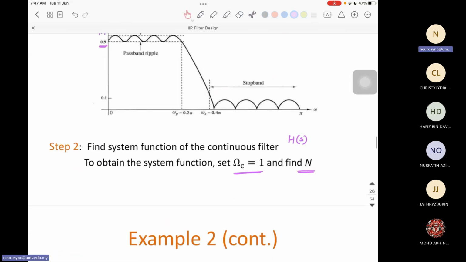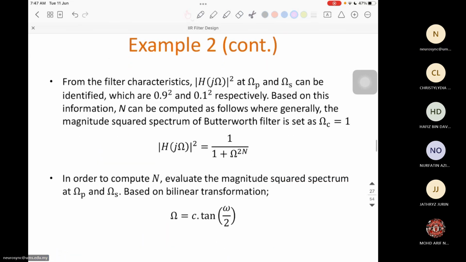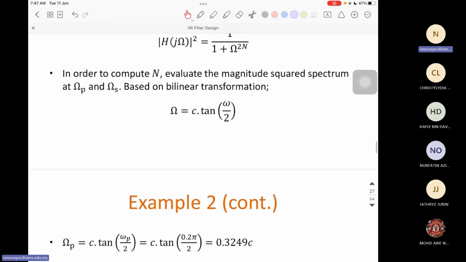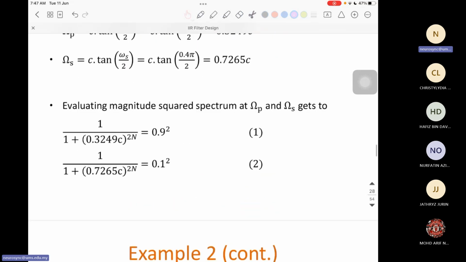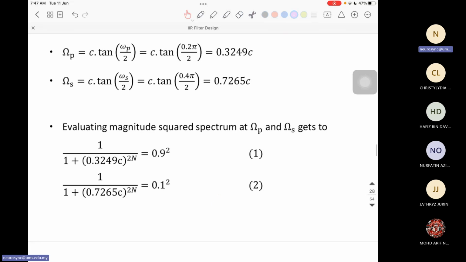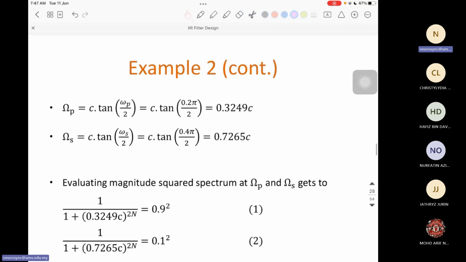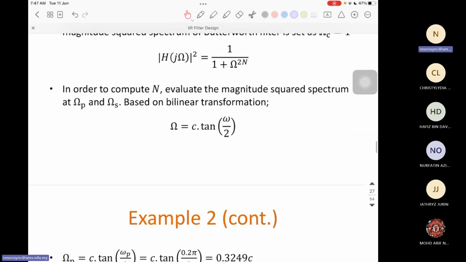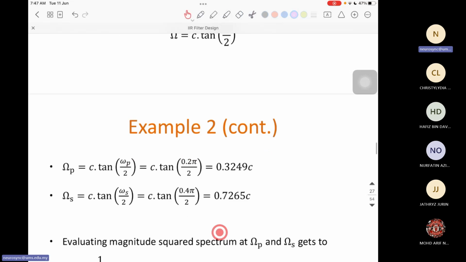Okay, therefore it is 0.9 square. We are doing the square of this, therefore this is 0.9 square and it is 0.1 square. Now we will put the value, that is magnitude at this frequency omega p is 0.9 square, and this formula is 1 by 1 plus omega 2n.